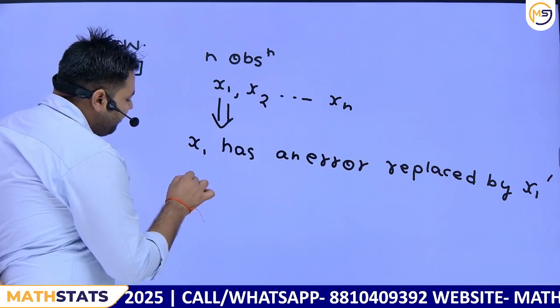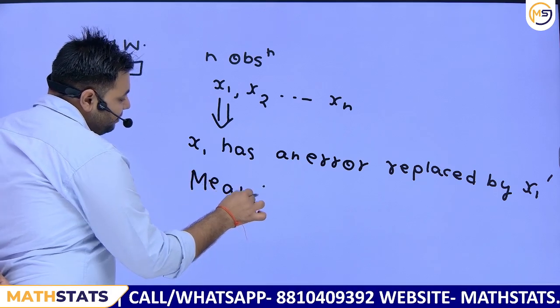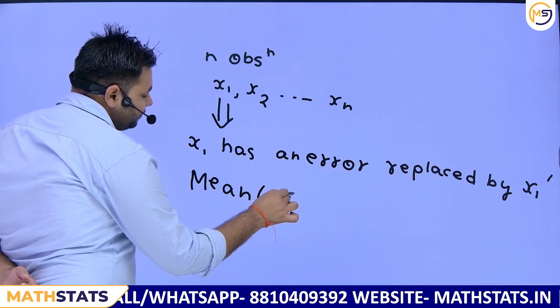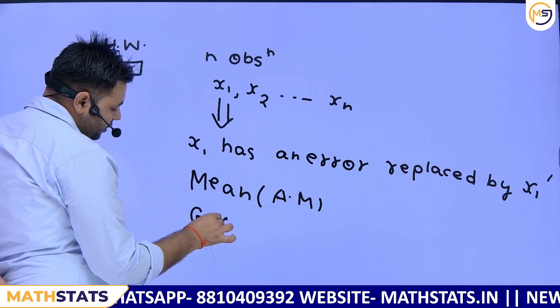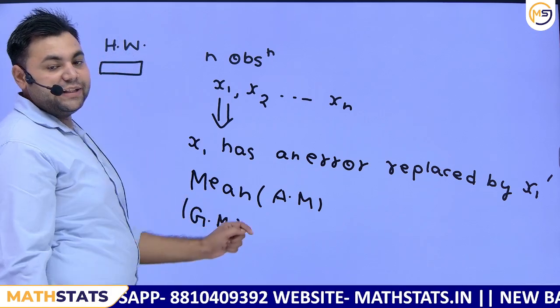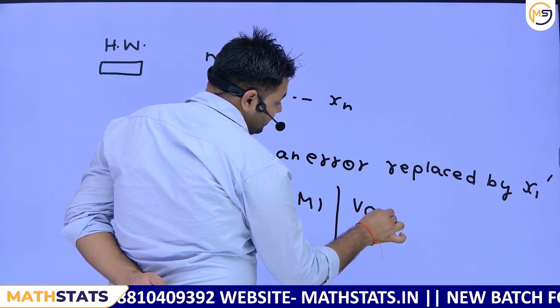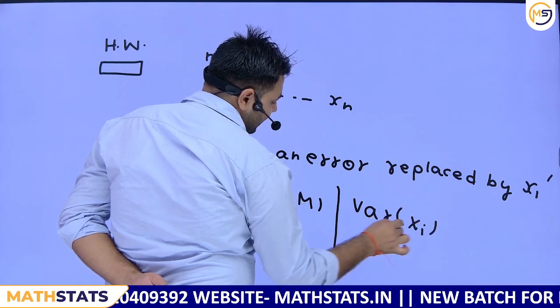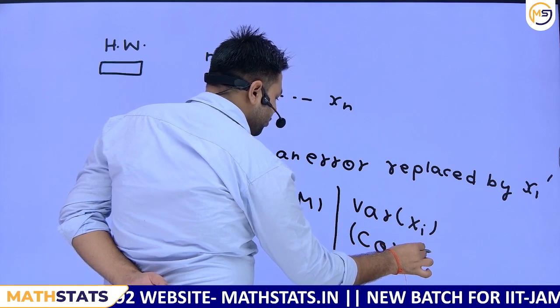Okay, so we find out what? We find out already the mean, AM arithmetic mean, and GM geometric mean. So now the target is finding the variance. What is the variance of xi, the corrected variance? What is the corrected variance of xi? This is corrected. This is your homework.